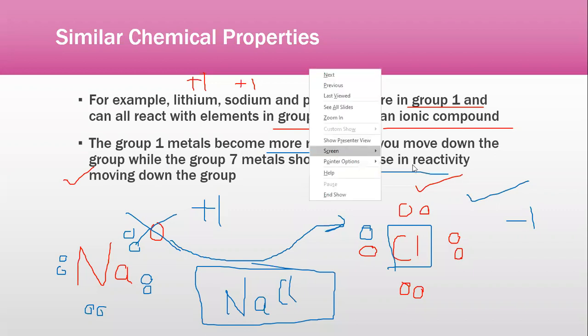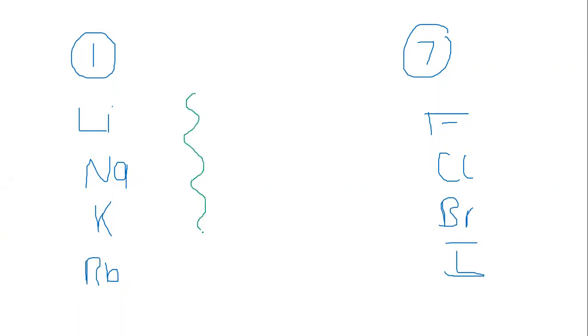क्या मतलब है इसका? That if I talk about group 1 and if I talk about group 7, ठीक है, इन दोनों में क्या फर्क है? अगर मैं ग्रुप 1 के एलिमेंट्स लिखूं, लिथियम, सोडियम, पोटेशियम, रुबीडियम, ठीक है, और अगर मैं ग्रुप 7 के लिखूं फॉर एग्जांपल F, Cl, Br and I. Now the difference in the trends is that group 1 metals become more reactive when you move down the group. जो आप move down the group करते हैं, when you come down the group from lithium to rubidium, their reactivity increases.